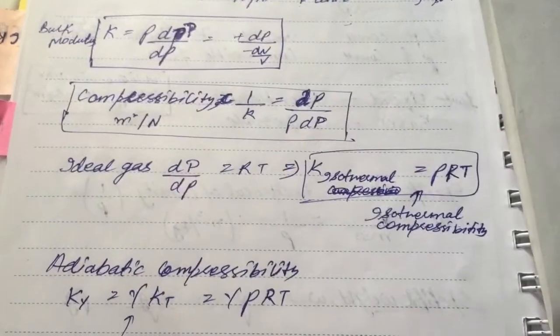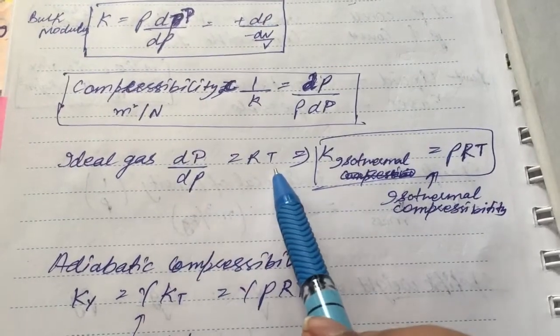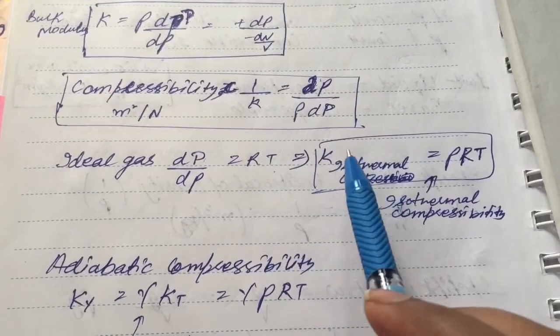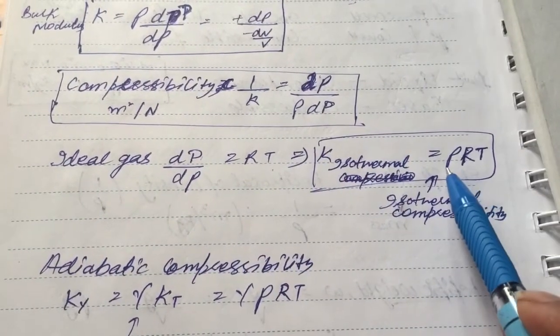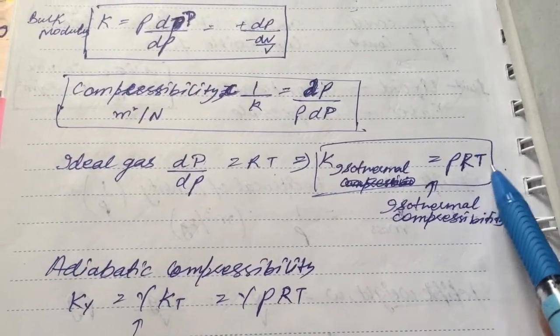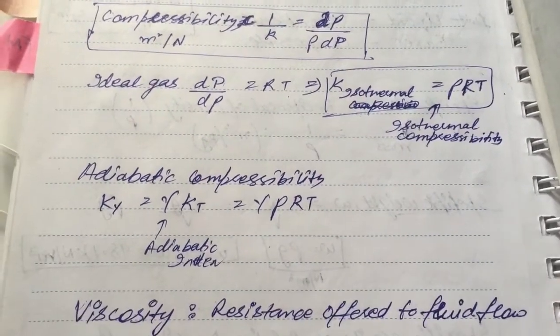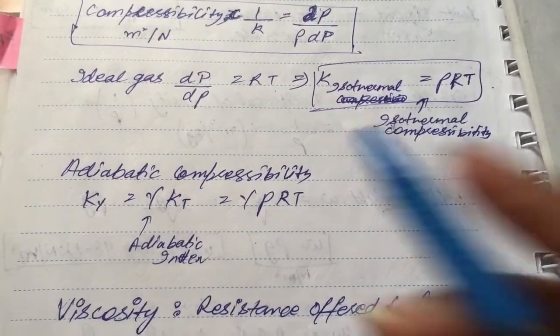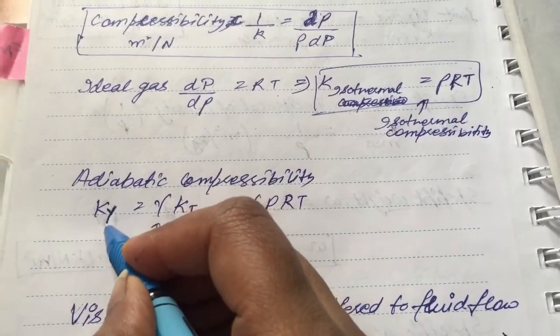Then for ideal gas, our dP by d rho is equal to RT, and bulk modulus for isothermal gas is equal to rho RT. This is our isothermal compressibility. Then we have adiabatic compressibility. Adiabatic compressibility is noted as K gamma.